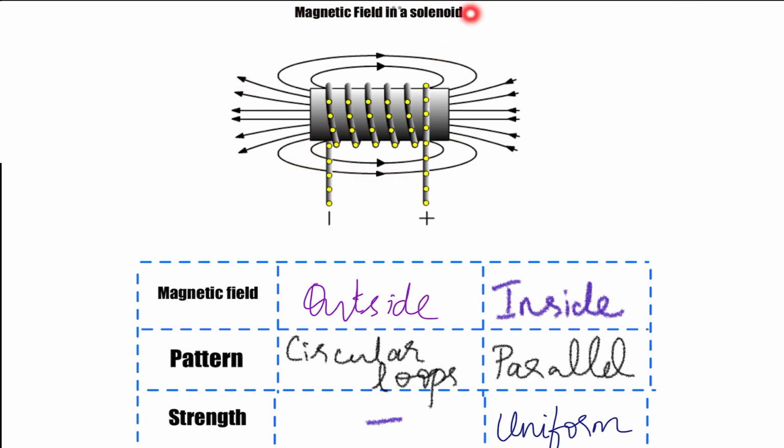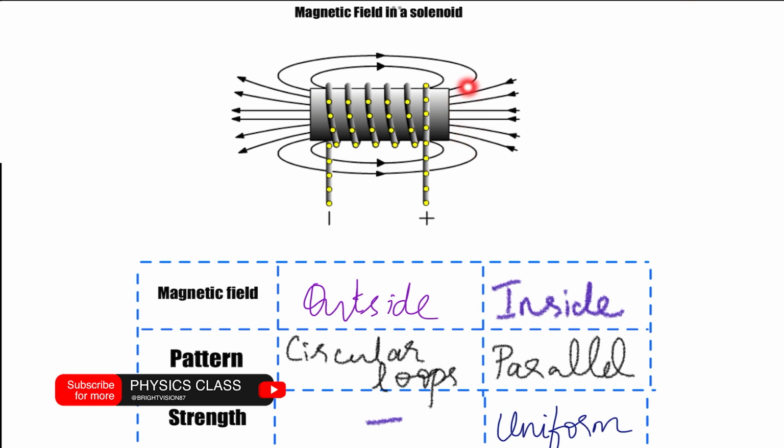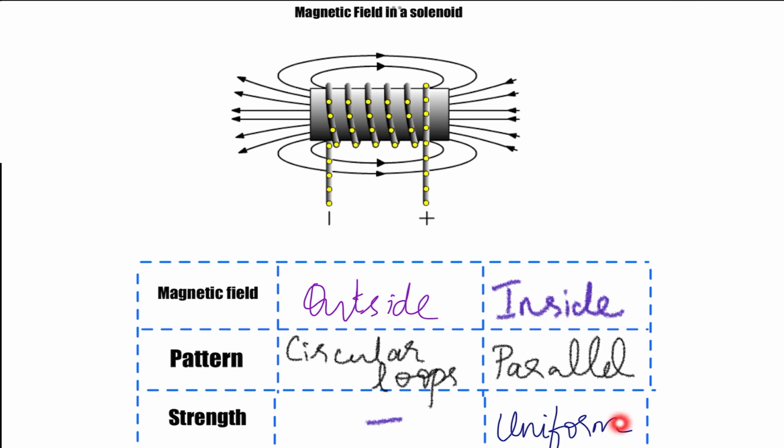If you continue these magnetic field lines that are emerging from inside the solenoid, they also form a circular loop again. But what about the magnetic field pattern inside the solenoid? It is parallel. Since the magnetic field pattern is parallel inside the solenoid, the strength is uniform. And the magnetic field outside the solenoid is too less for our practicals or experiments, hence we take it as nil. Hope the concept is clear.